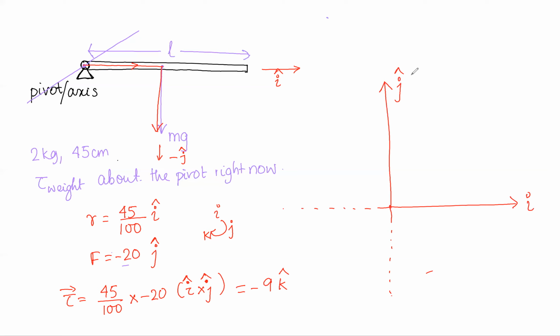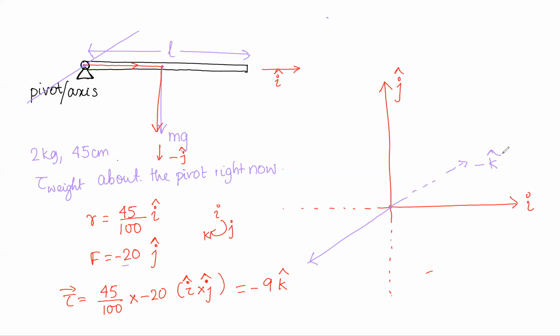If you're doing this right now by watching the video, then k is going to point upwards towards you. You put your finger on the screen and you curl your fingers, then the thumb is going to point towards you. So minus k is into the plane of the screen. It is inside the screen. If you tap the screen, that is the direction of minus k.